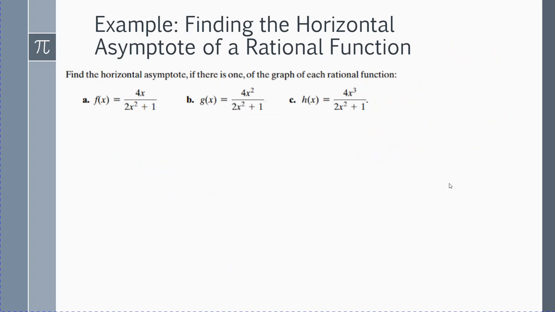So let's find the horizontal asymptote, if there is one, of the graph of each of these functions. Then I'm going to show you what the graphs look like so you can verify this. In f of x, this first one, it's 4x divided by 2x squared plus 1. The degree of the numerator is 1, and the degree of the denominator is 2.